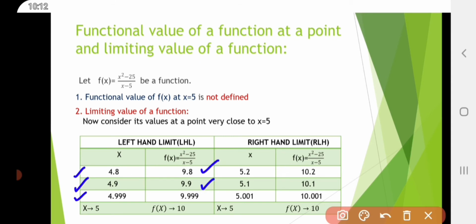When x equals 4.999, the functional value at 4.999 is equal to 9.999. Now you see, when we approach 5 from the left hand side, the function approaches 10.